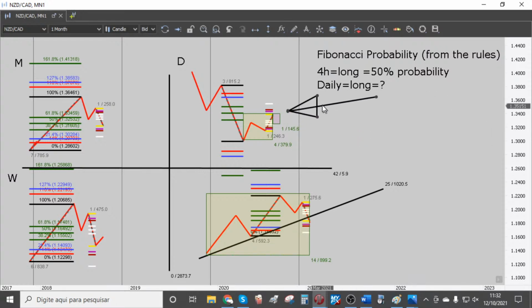But it does not have the confirmed C, and it can make a higher high. Is this trade what you see, or is this an assumption? It's a fact. Well, based on what? Because the 4-hour time frame is making lower lows, lower highs.